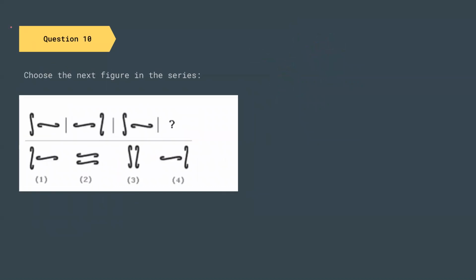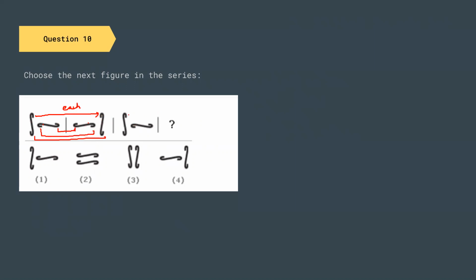So now they're saying that you have to find the next figure. Now let us look into these two figures. Like this is laying horizontally, and these two are laying vertically. So now we can find a pattern: these are facing each other, and this is facing away from each other, and they have the same direction.